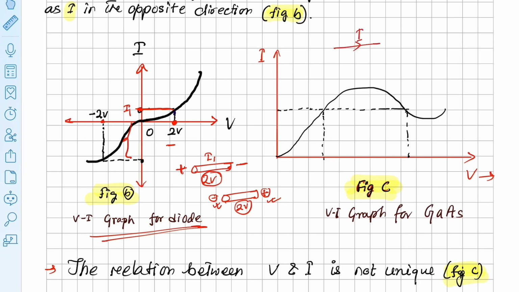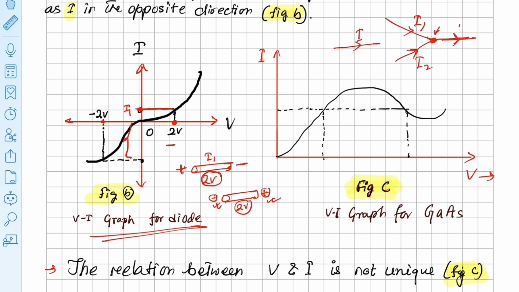Let me tell you one more thing. Though electric current has a direction, it is not a vector quantity, because suppose you have a conductor with I1 current flowing through it, and another conductor with I2 current flowing through it, and they are connected at a junction at this point.